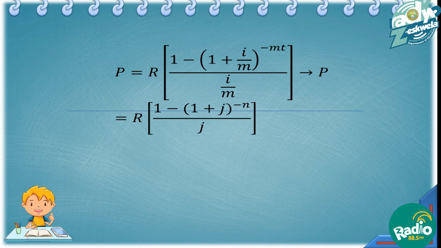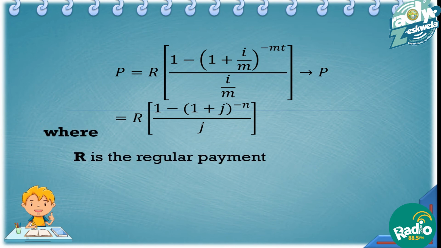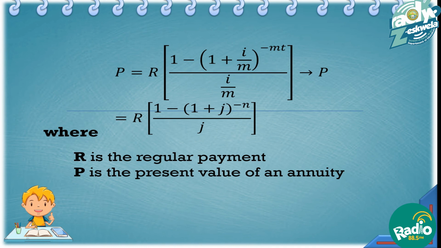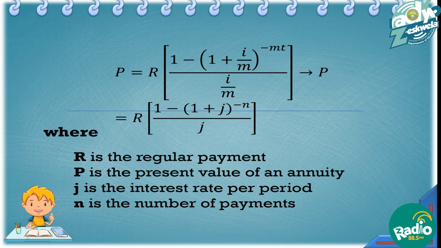The formula for present value is given by P = R times the quantity of 1 minus (1 + i/m) raised to the power of negative mt, over i/m. Or in a shorter way, P = R times the quantity of 1 minus (1 + j)^(-n), over j, where j = i/m and n = mt. R is the regular payment, P is the present value of an annuity, j is the interest rate per period, and n is the number of payments.